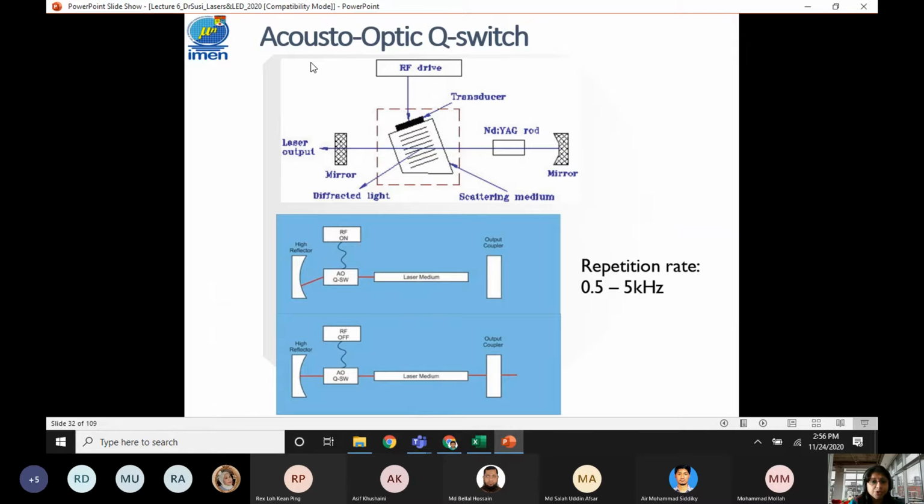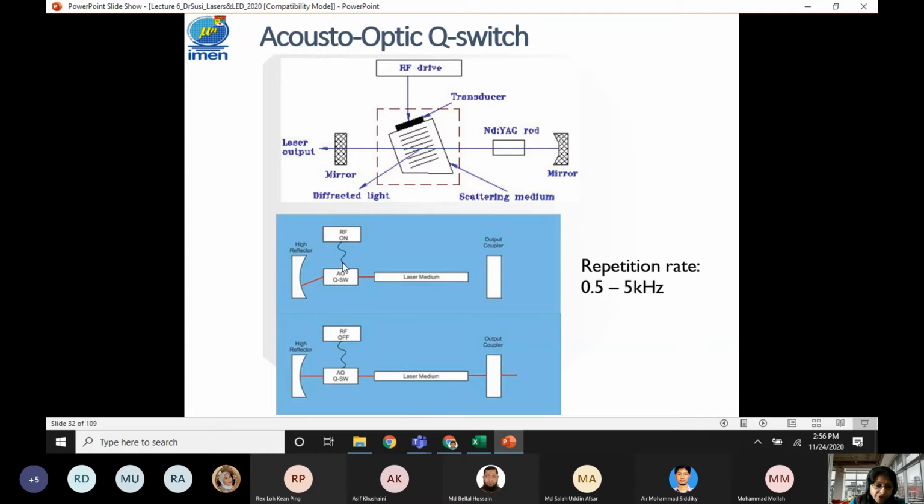Other than that, we can also have an acousto-optic Q-switch, where you have RF power into the active region, and this can give you a repetition rate of 0.5 to 5 kilohertz. Basically you have the laser medium, but it's also connected to an acousto-optic Q-switch.